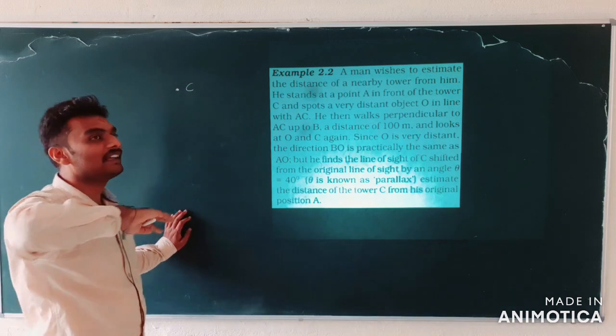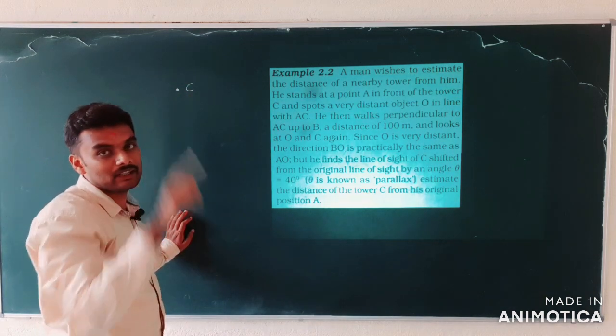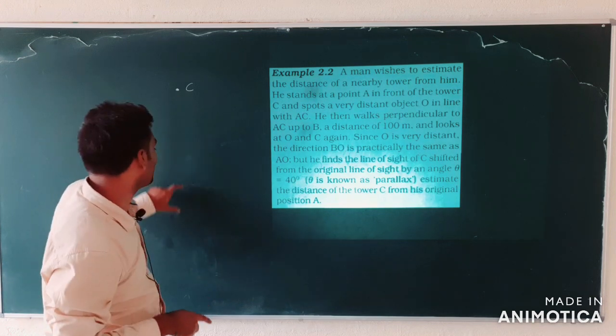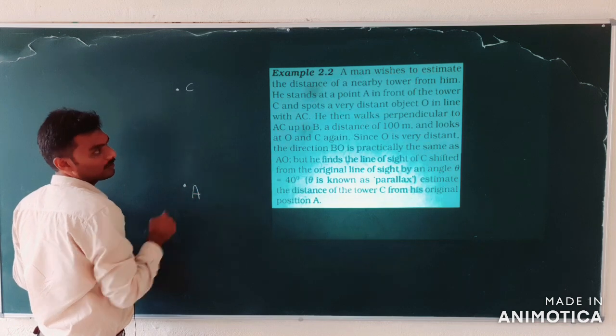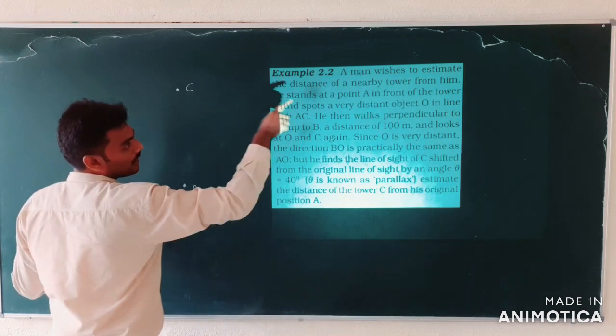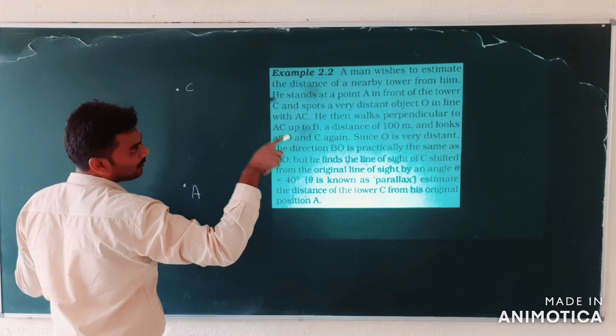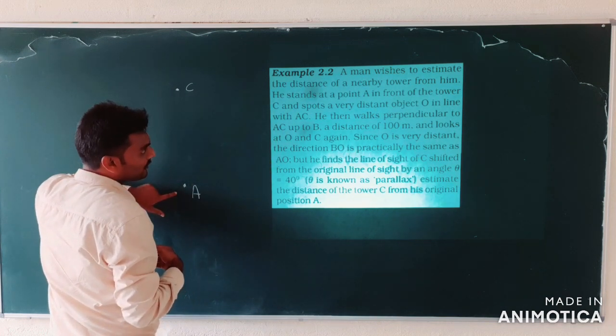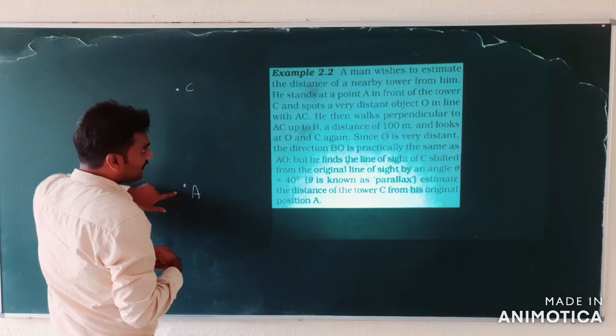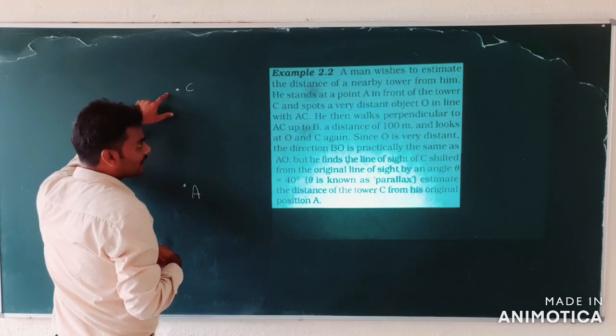The person is not bothered about the height of the tower. Instead, he wants to find the distance from his position, which is A. This is the nearby tower, and this is the position of the person, which is A, and this is the position of the tower, which is C.